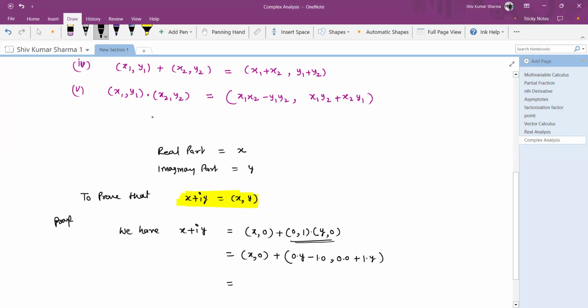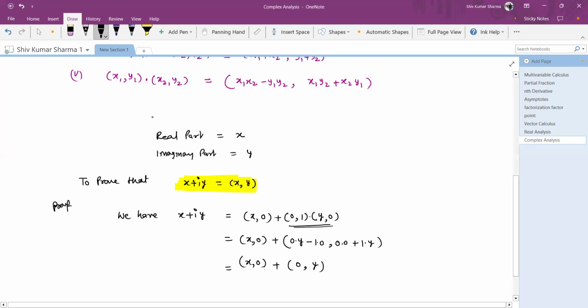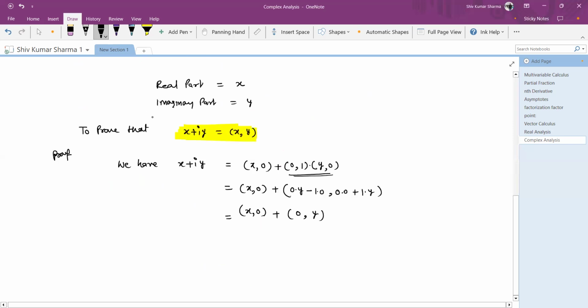So the first term is x comma 0, and the second term is 0 into y minus 1 into 0, comma 0 into 0 plus 1 into y, which gives (0, y). So we have (x, 0) plus (0, y).